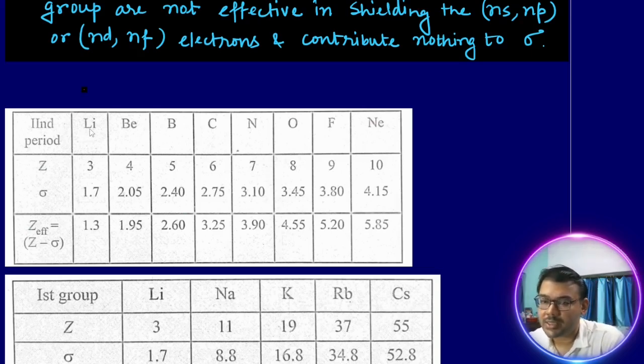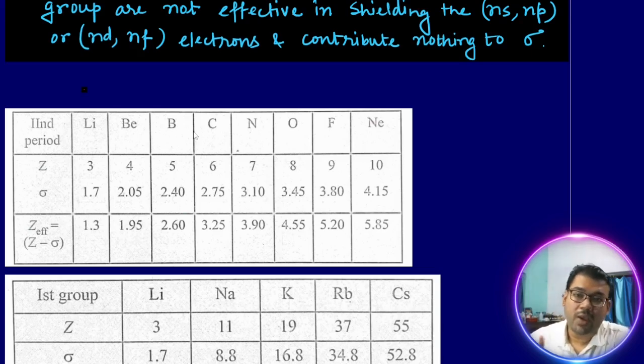The total nuclear charge Z is 3 for lithium due to the 3 protons, beryllium 4, boron 5, carbon 6, and so on. But sigma for lithium is 1.7, so the effective nuclear charge, Z minus sigma, is 1.3, and for beryllium 1.95.